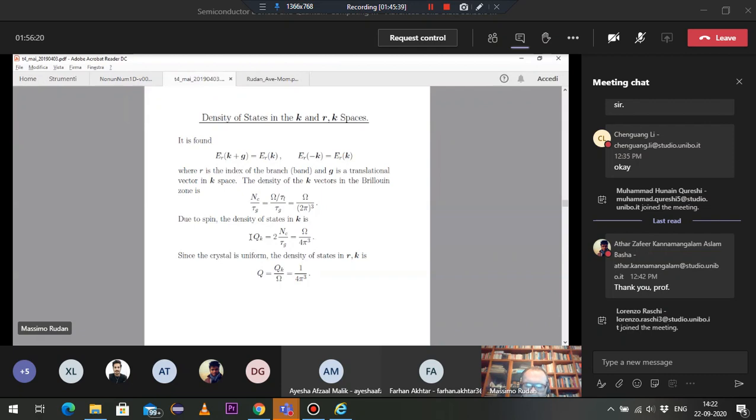So if we want to find a density related to the physical space, we simply divide by the volume. So the combined density of states is called q without any suffix. And it is calculated by taking q of K and dividing by omega. So it is simply 1 over 4 pi cubed. Okay, so q of K is the density of states. q is the combined density in the R and K space.